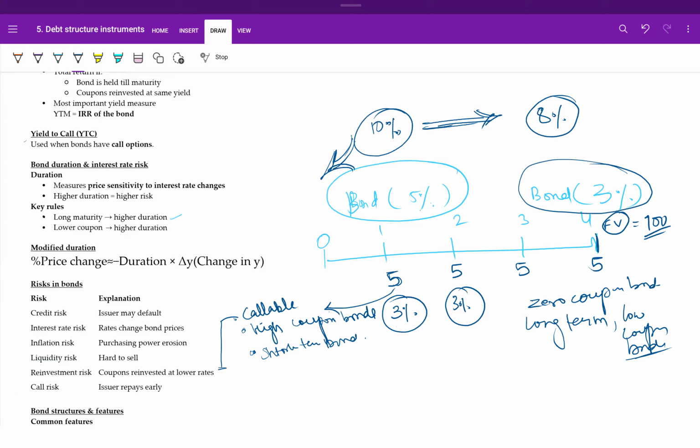To understand this, in the previous topic we discussed that higher duration means higher risk. But when we talk about long term but low coupon bonds, overall there is less reinvestment risk here.